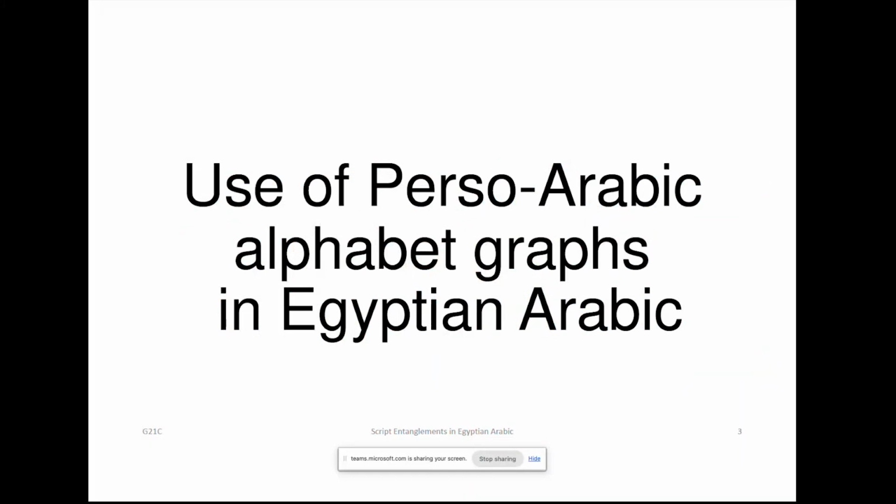So like many languages, Arabic entangles its own writing system with foreign graphs. This phenomenon is particularly noticeable in colloquial Arabic, that is Egyptian Arabic, and one source of entanglement is cross-inference with neighboring languages, in this case, Persian.